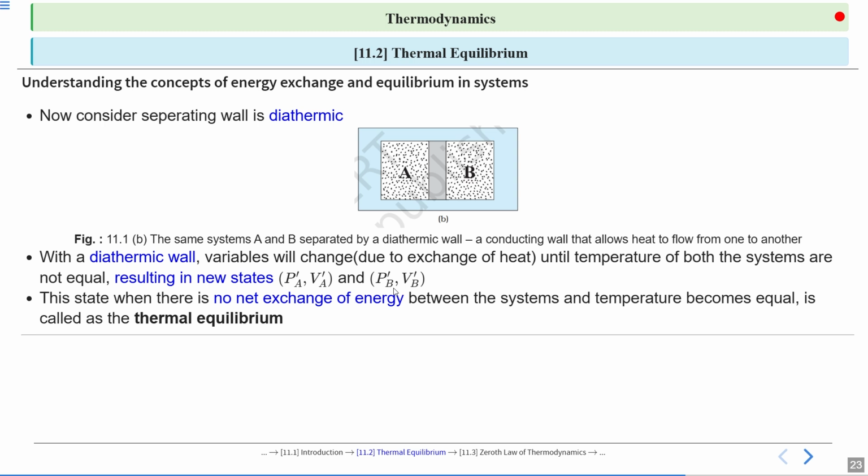In an adiabatic wall, it is perfectly insulated; energy exchange by heat is equal to zero. But a diathermic wall is not insulated. If there is a temperature difference between system and surroundings, heat will flow until both reach the same temperature, or we can say thermal equilibrium.